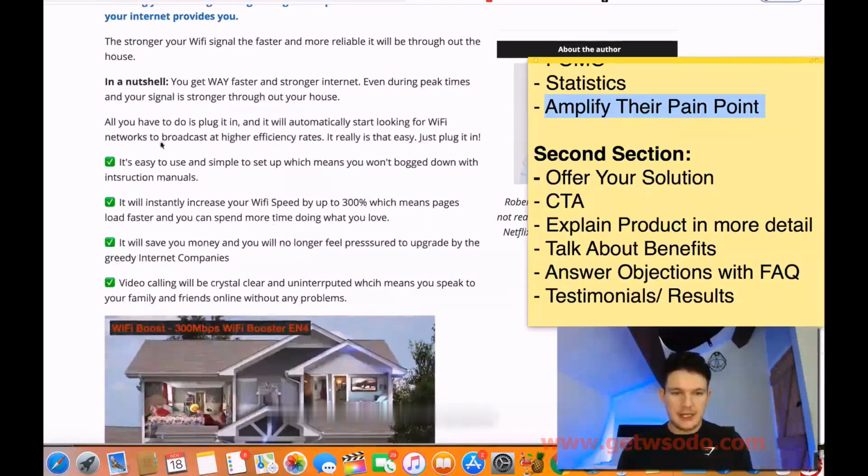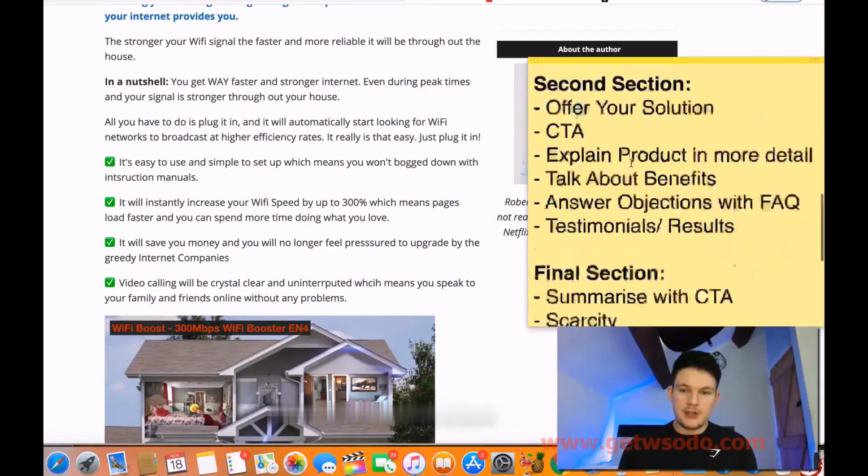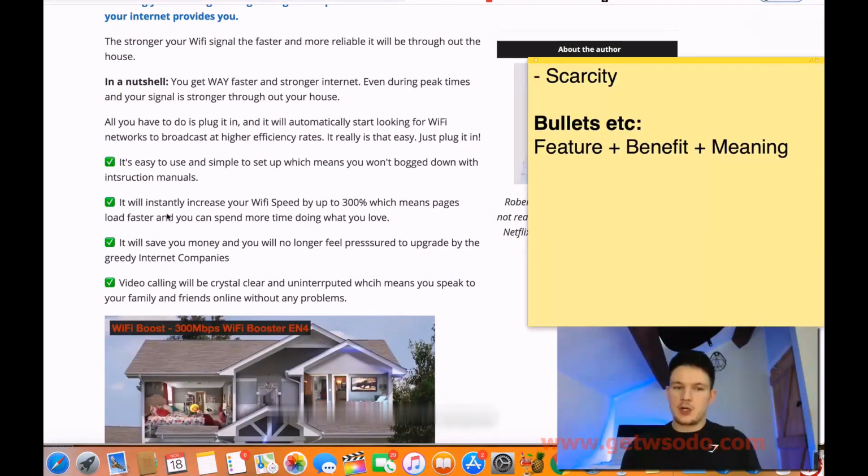Also, I wanted to show you this here, which is bullet points. So a good little way of doing copywriting, if you are doing some kind of article like this, is to use bullet points. And there's a little strategy which is feature plus benefit plus meaning. So if you're struggling to write copy for it, you can basically just think, what is the feature of the product and what is the benefit and what does that mean for the person?